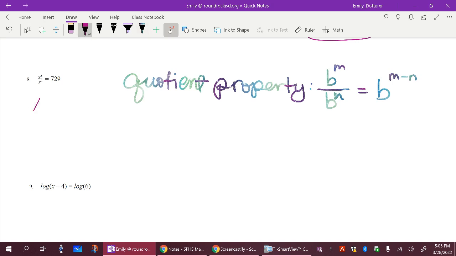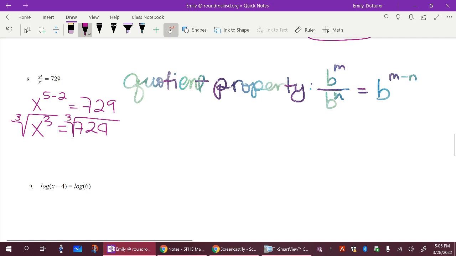So over here, our base is x. We're going to subtract the two exponents. 5 minus 2 is 3, so x to the third is 729. Take the cube root of both sides, and we get that x equals 9.